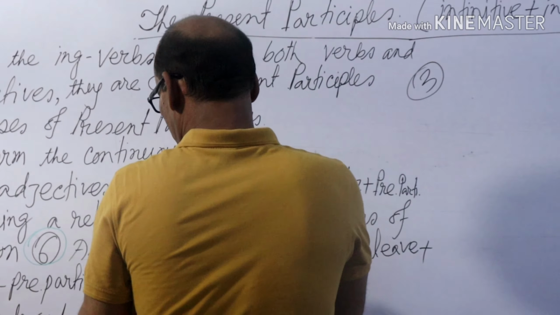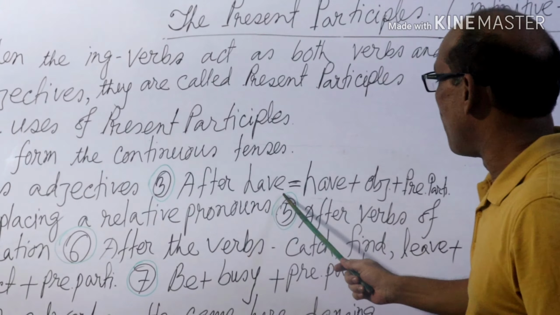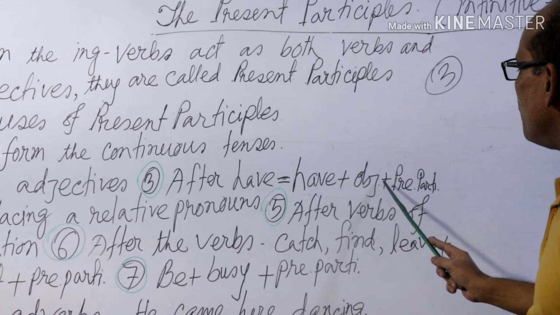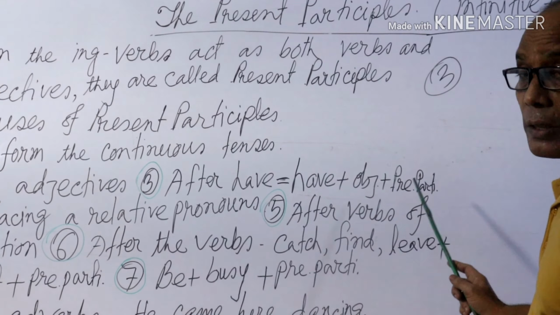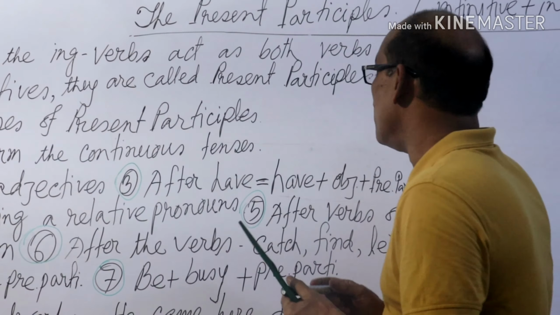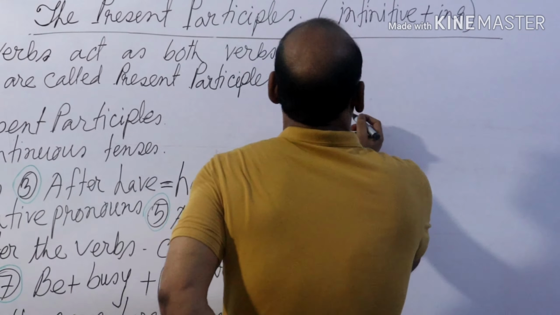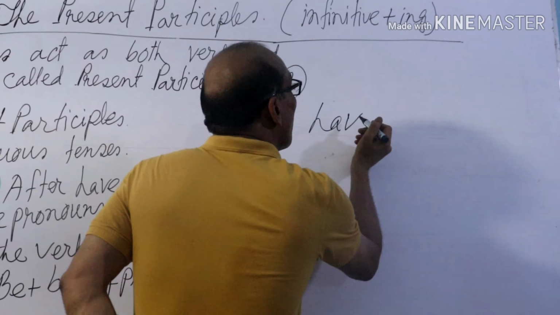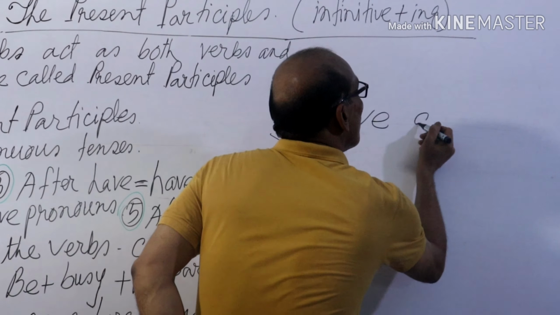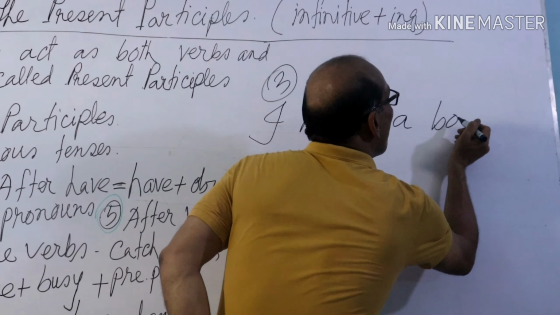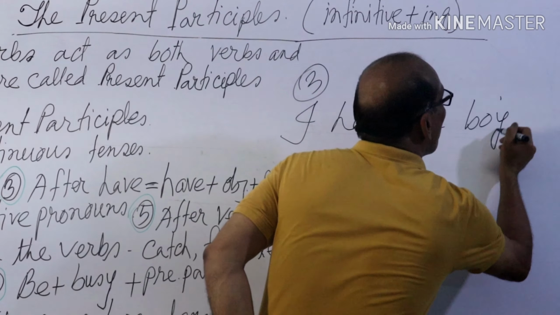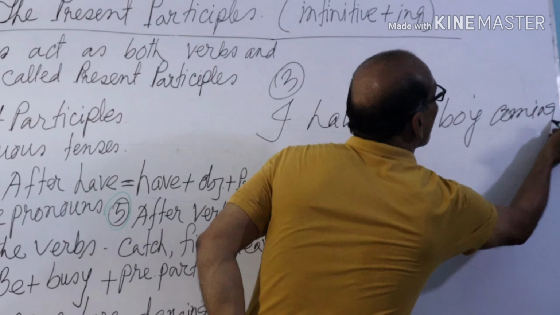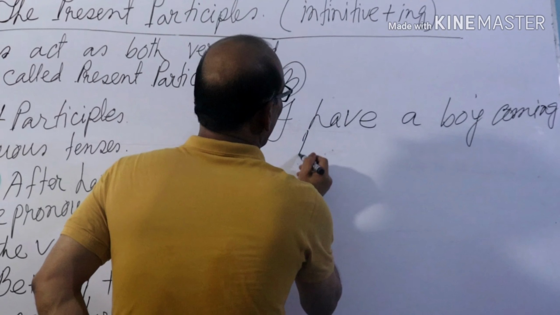Number 3, here you see, after have plus object plus present participle phrase. Let me give you some examples. Suppose I have a boy coming here.